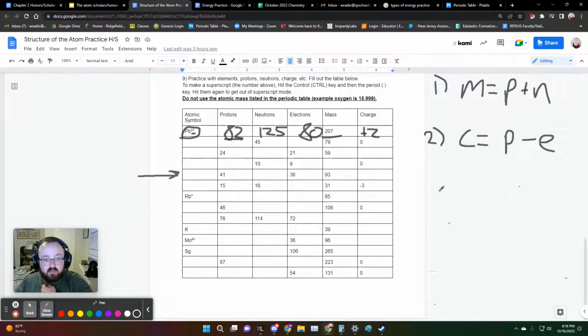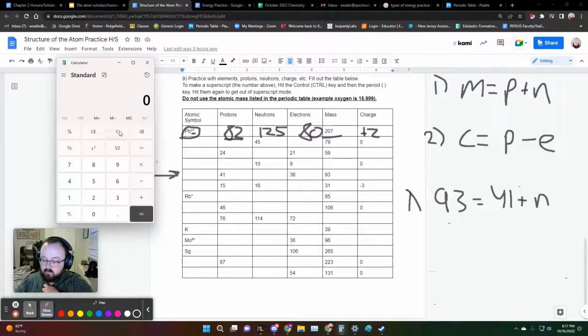We'll take this one. So first and foremost, let's look at what we have. Our mass is 93. Let's start with equation number 1. We have 41 protons, but we don't have the neutrons. So we can calculate our neutrons. 93 minus 41 gives us 52.